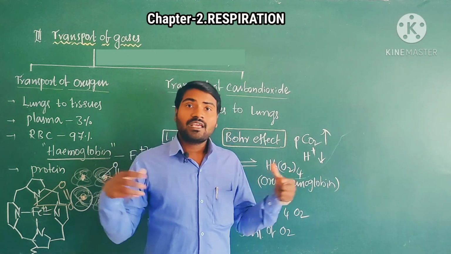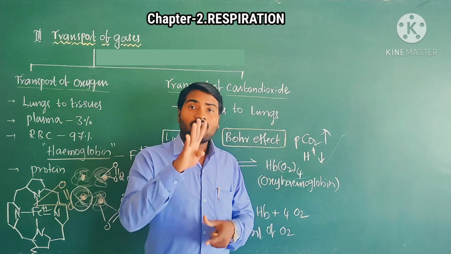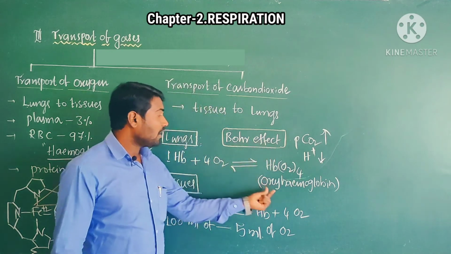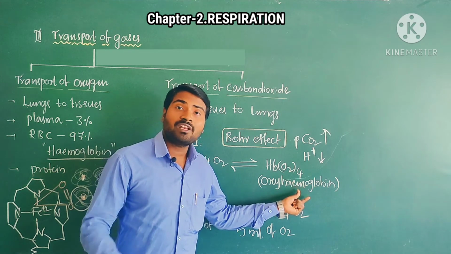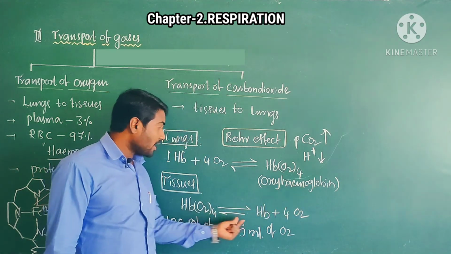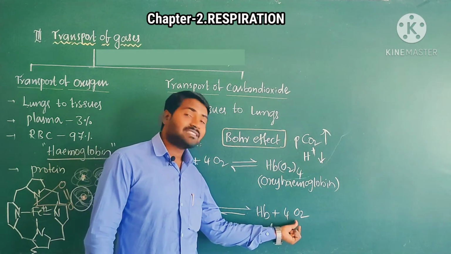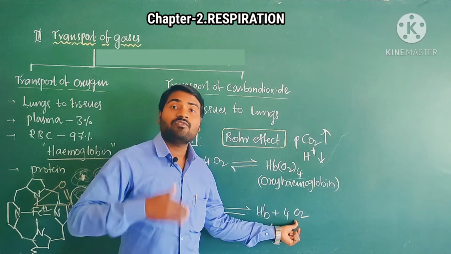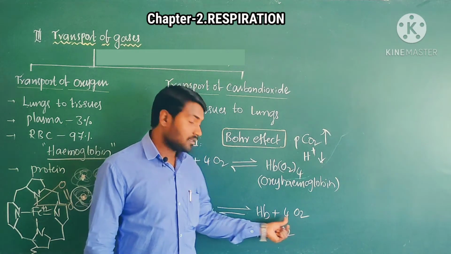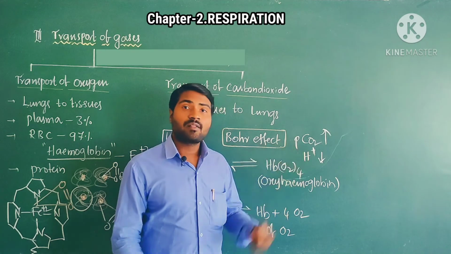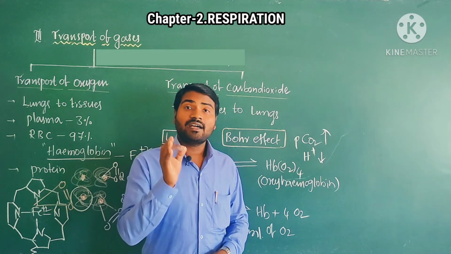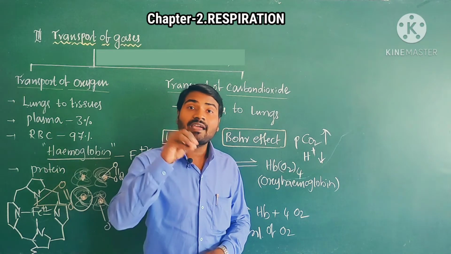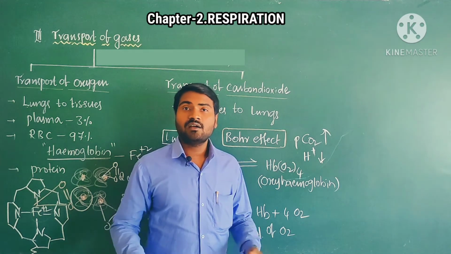In the lungs, hemoglobin binds with 4 oxygen molecules to form oxyhemoglobin. Now, when the oxyhemoglobin reaches the tissues, it again breaks down into hemoglobin plus oxygen. This oxygen diffuses into the tissues. One more point, Bohr effect. The effect of partial pressure of carbon dioxide and hydrogen ion concentration on the affinity of hemoglobin is called Bohr effect.